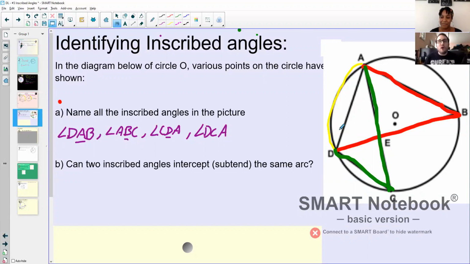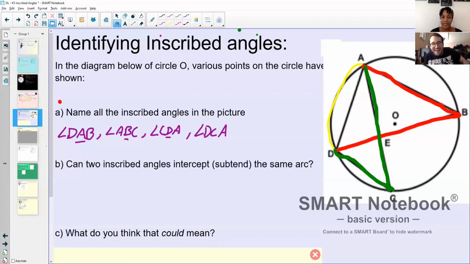We haven't talked about mathematical relationships yet, but knowing what we know about central angles and them having relationships. I'm sorry, I'm taking this away from Miss James. Go for it. It's all right. So what do you guys think that could mean?